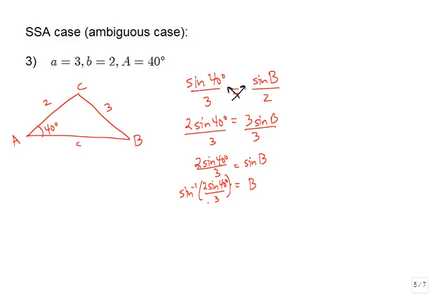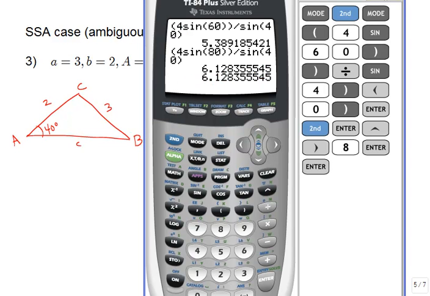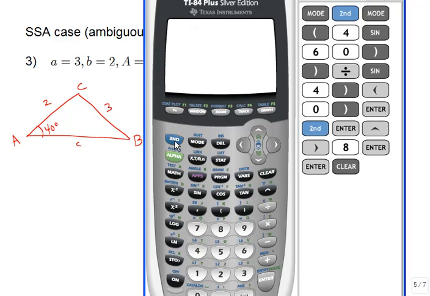So let's pull up the calculator and figure out what this tells us. So we want to do inverse sine of, and I'm going to use parentheses here again.